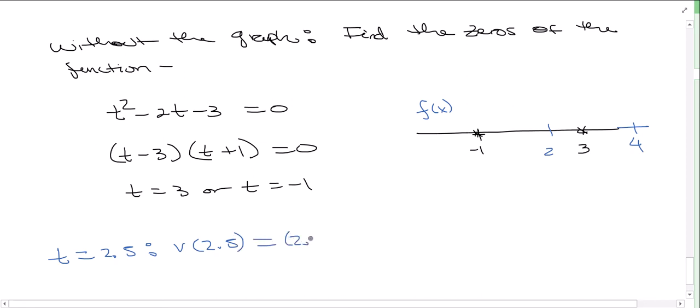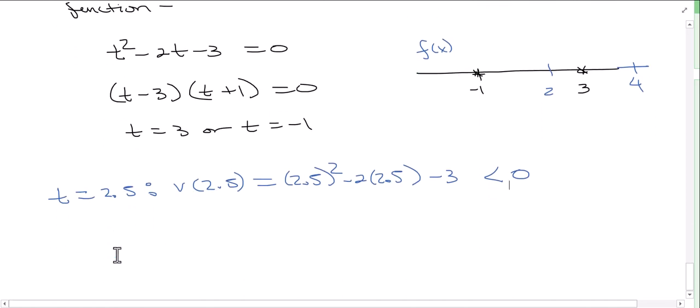So this will be 2.5 squared minus 2 times 2.5 minus 3. And what you'll see here is that you're going to get a negative number. That means my function is negative there. So when I take the absolute value, from 2 to 3, I'm going to have to split it. So it'll be negative v of t here for the absolute value.